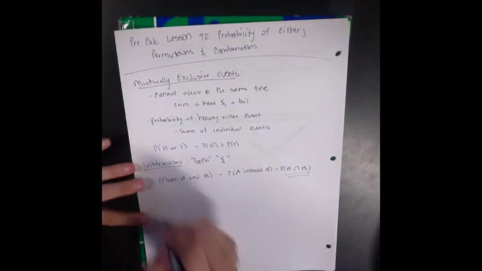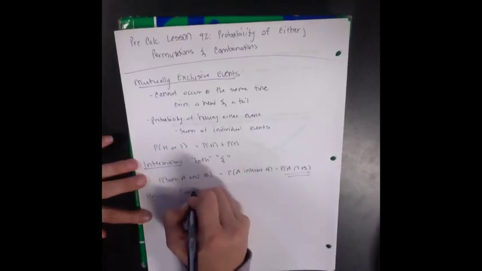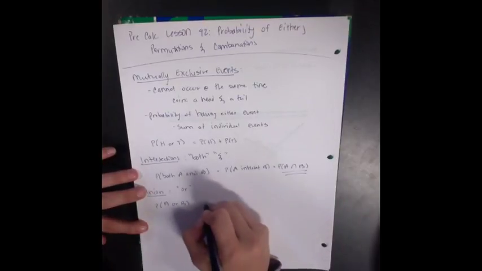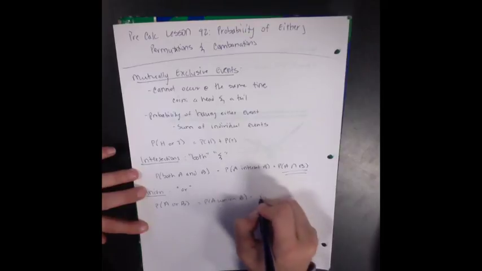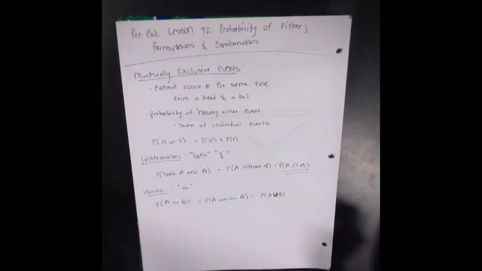Okay, that is the and. Now the union is for or, so the probability of A or B is the probability of A union B, which we write as P of A U B.